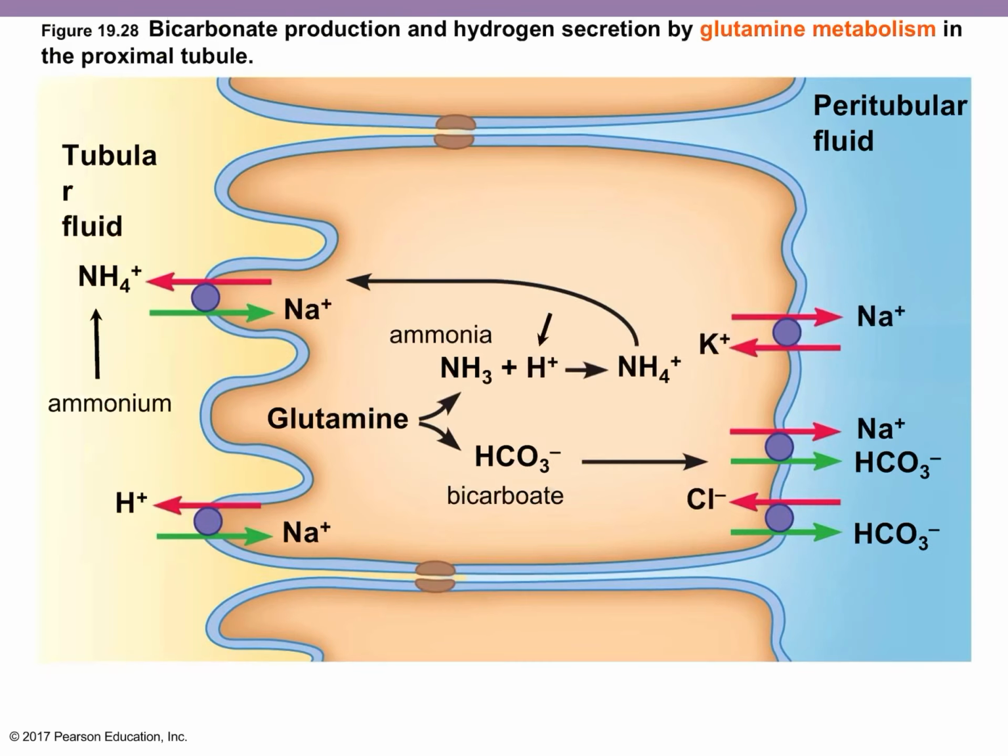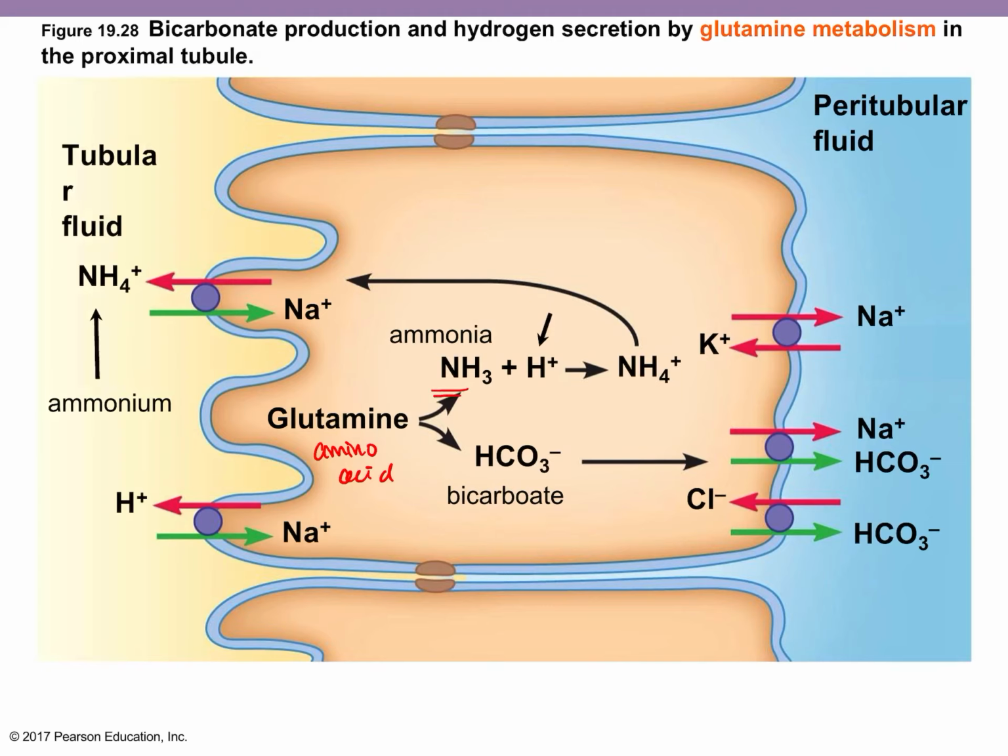Okay, so in an emergency, the last step here that your kidneys can do if you're very, very acidic is to metabolize glutamine. Glutamine is an amino acid, and it can be broken down. What happens here is that it makes ammonia.